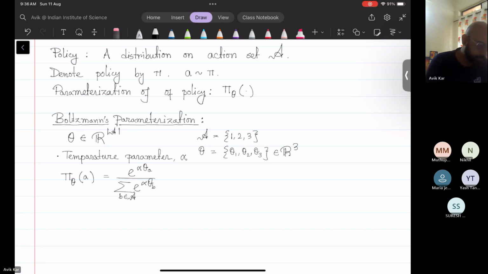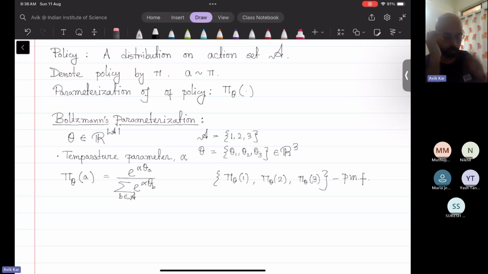So if you see this pi theta 1, pi theta 2, pi theta 3, then this is indeed a probability mass function, a valid PMF.